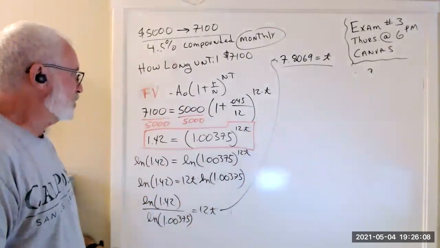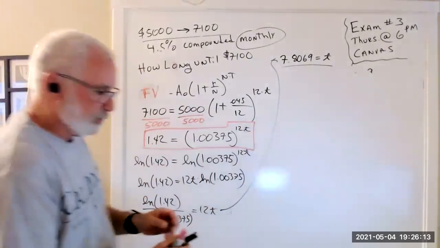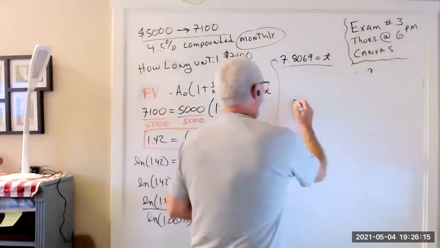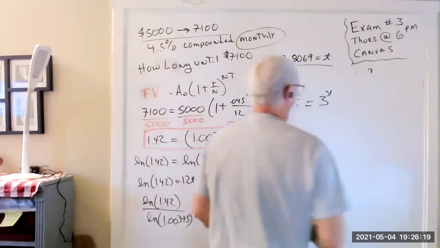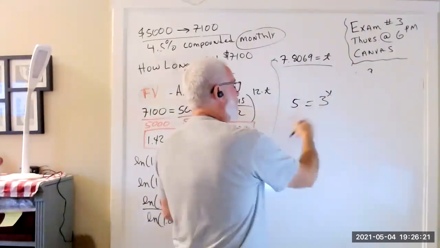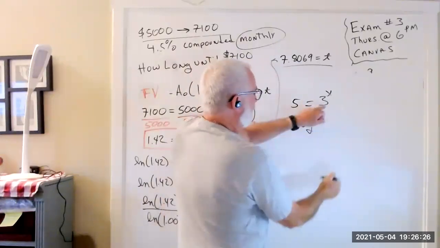But Lindsay suggested, wait, why can't we use the bra-bar rule? We did it on the previous problem. Remember, if you have 5 equals 3 to the x power, you can apply the bra-bar rule. This becomes log base 3.